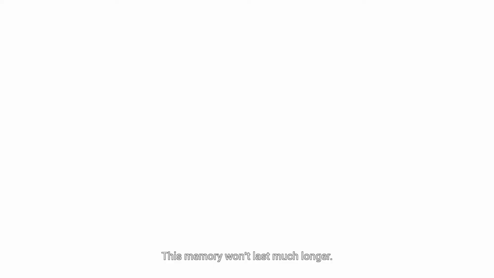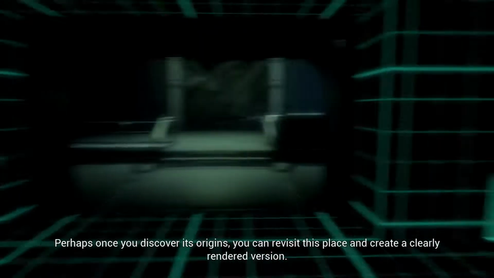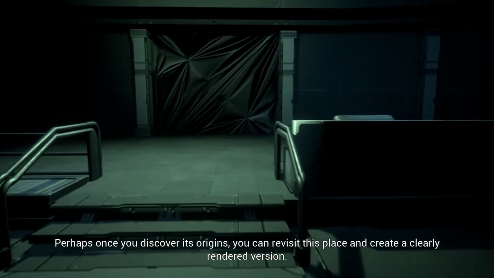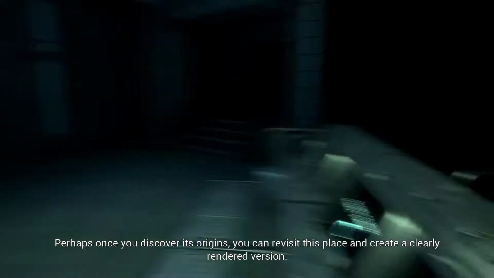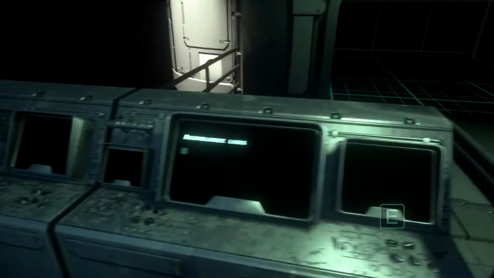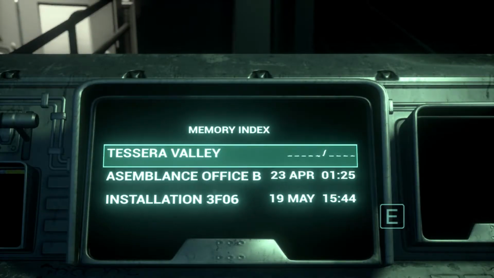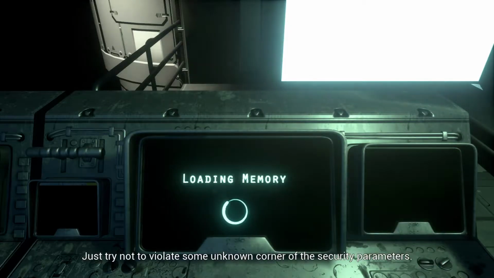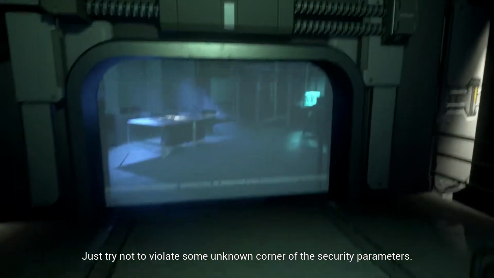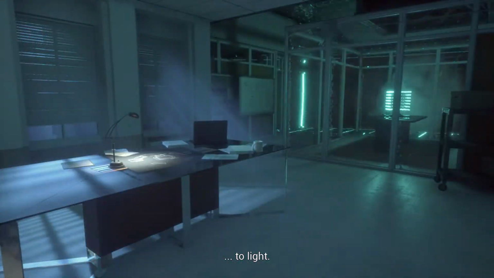This memory won't last much longer. Just try not to violate some unknown corner of the security parameters, and the truth may finally come to light.